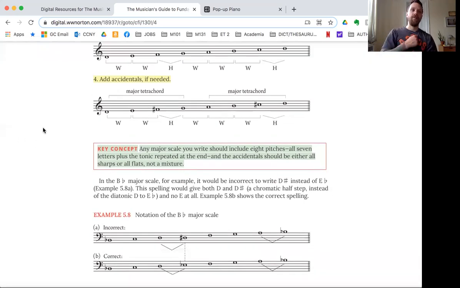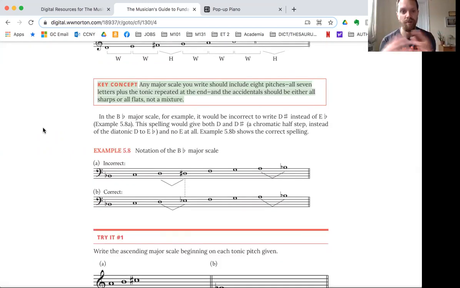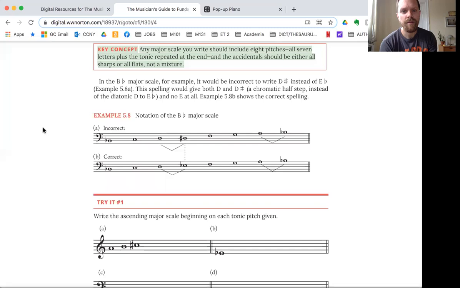That sometimes can be a problem, but you will never have a major scale that has sharps and flats. If you find yourself writing a scale that has sharps and flats, it's wrong, okay? There's a world where those two combine, but we're not there yet.